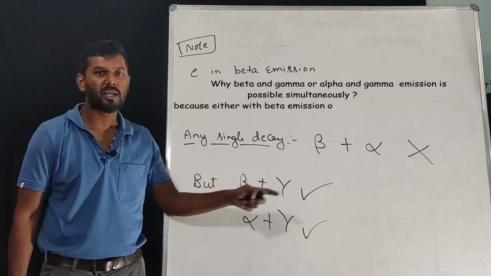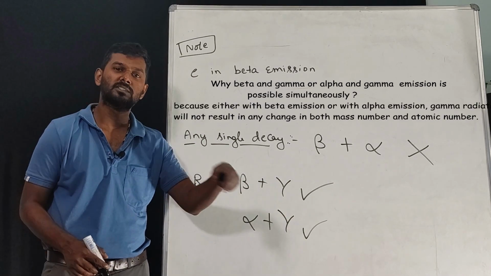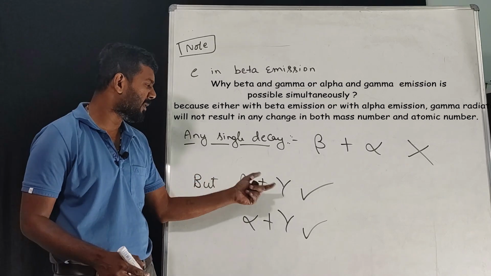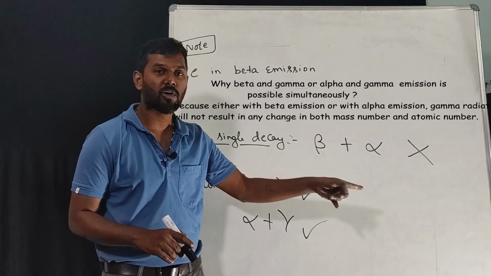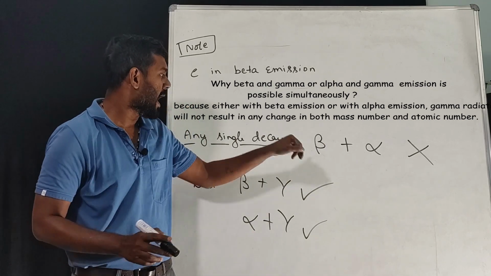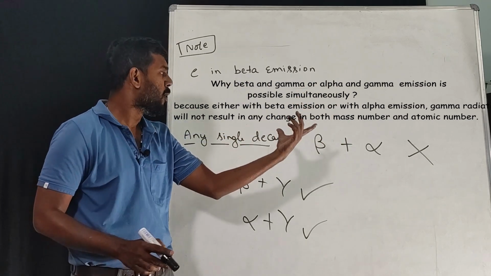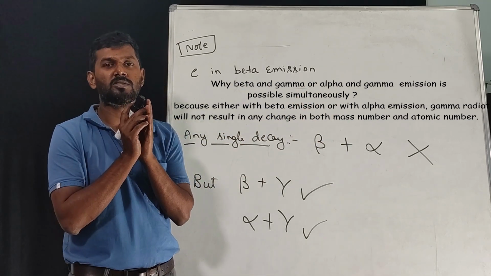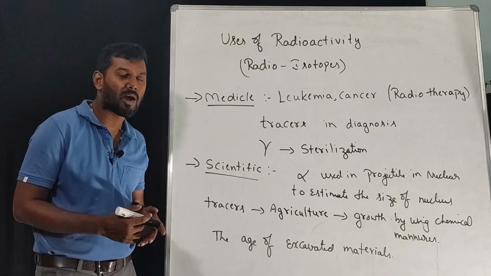Along with beta, gamma radiations can emit, as well as along with alpha, gamma radiations can emit. But beta and alpha together in a single emission is not at all possible. Keep this in mind.